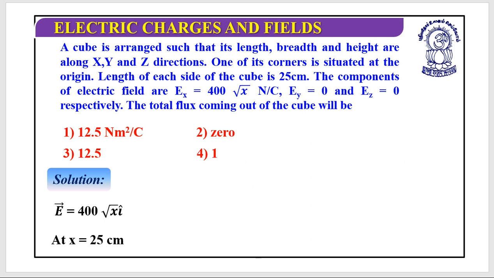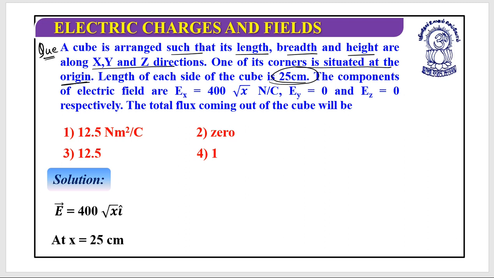Again a cube, but this is something different. Let's have a look. What they have given is a cube arranged such that its length, breadth and height are along the x, y, z directions. One of its corners is situated at the origin, and the length of each side of the cube is 25 centimeter.